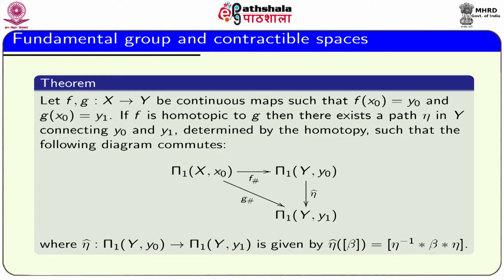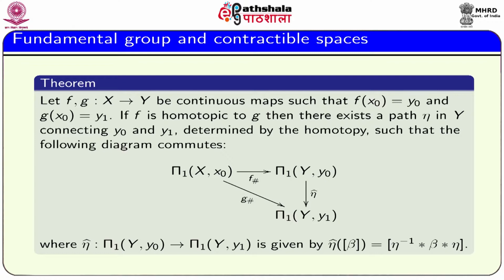In the next part of this module, we are going to discuss what the fundamental group of a contractible space will be. Suppose f and g are two continuous functions such that f(x0) is y0 and g(x0) is y1.